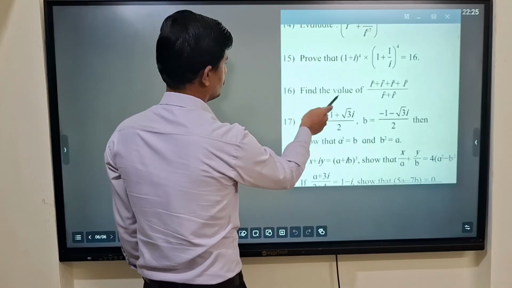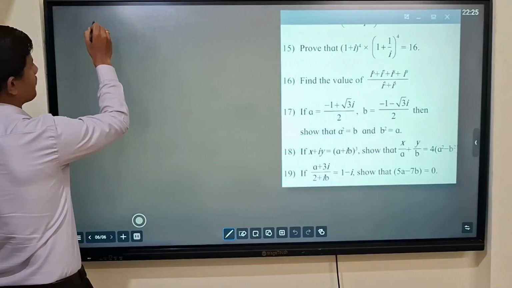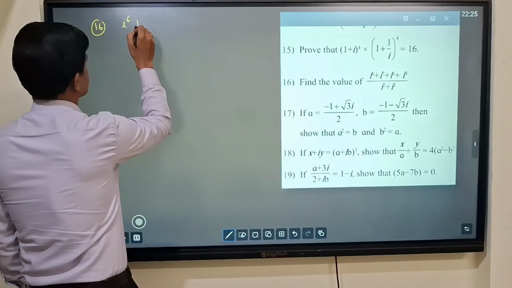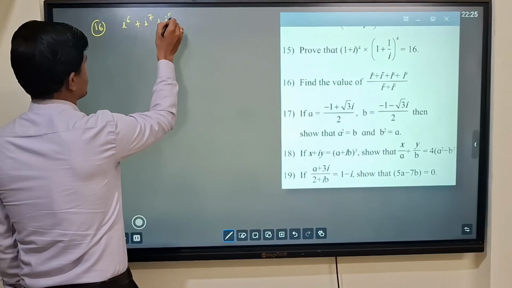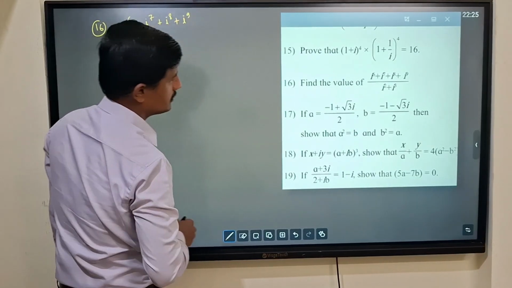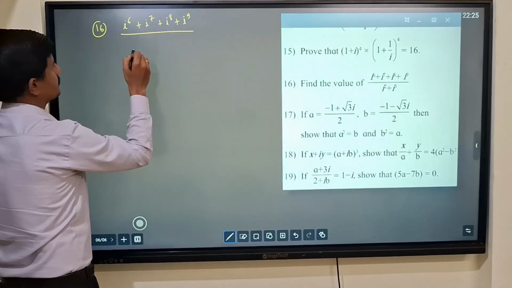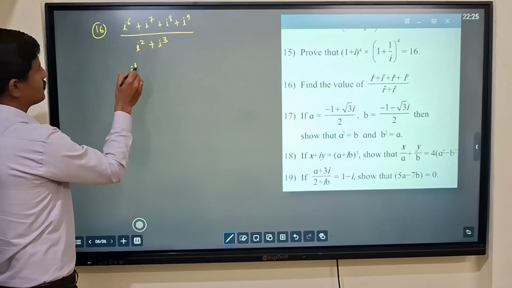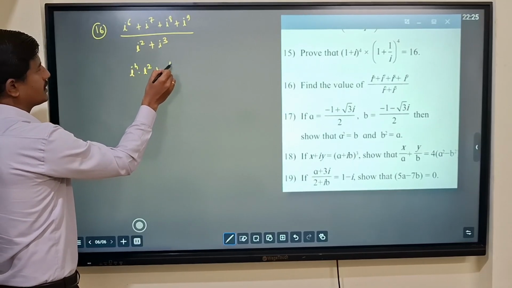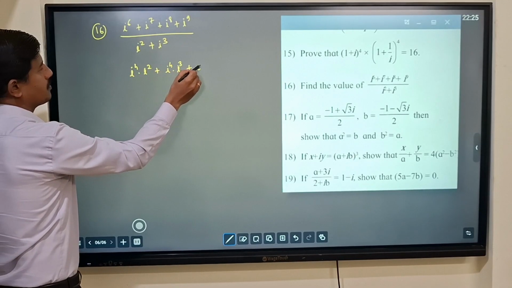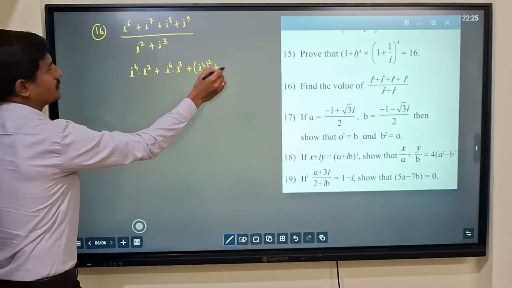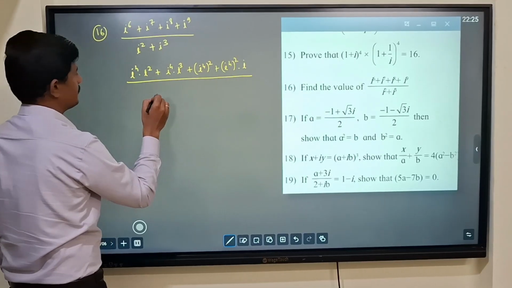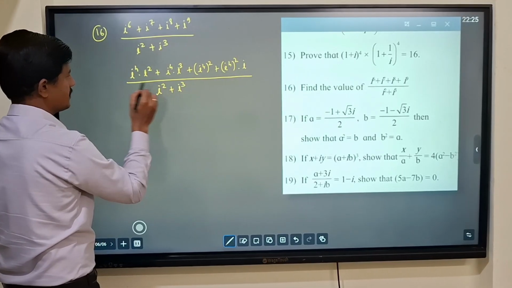Now the 16th one. Find the value of i raised to 6 plus i raised to 7 plus i raised to 8 plus i raised to 9 upon i square plus i cube. So this becomes i raised to 4 into i square plus i raised to 4 into i cube plus i raised to 4 raised to 2 plus i raised to 4 raised to 2 into i, upon i square plus i cube.